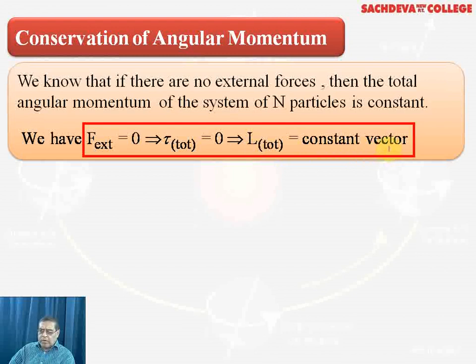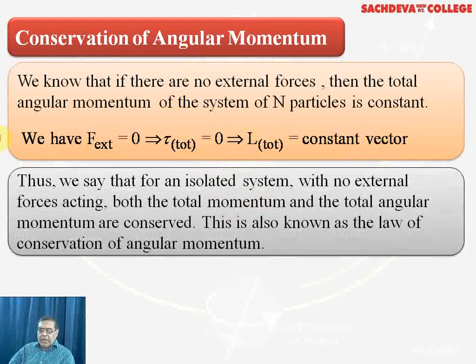For an isolated system, where there is no disturbance and no external forces acting, both the total linear momentum and the total angular momentum, that is, of the rotating body, are conserved. This is known as the law of conservation of angular momentum. So conservation laws are valid for angular momentum as well as linear momentum.